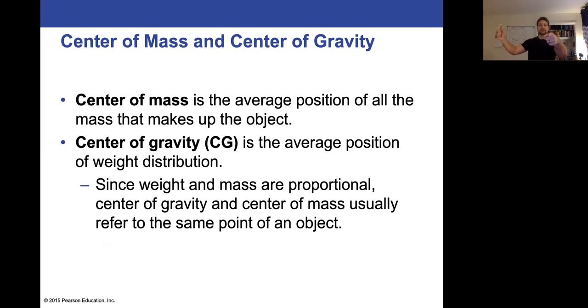The center of mass. Where's the center of mass? It's at the center of gravity. The point at which, if I support the object there, I can hold up this entire object by applying a force right there. So that must be where the center of gravity is, which is where the center of mass is.